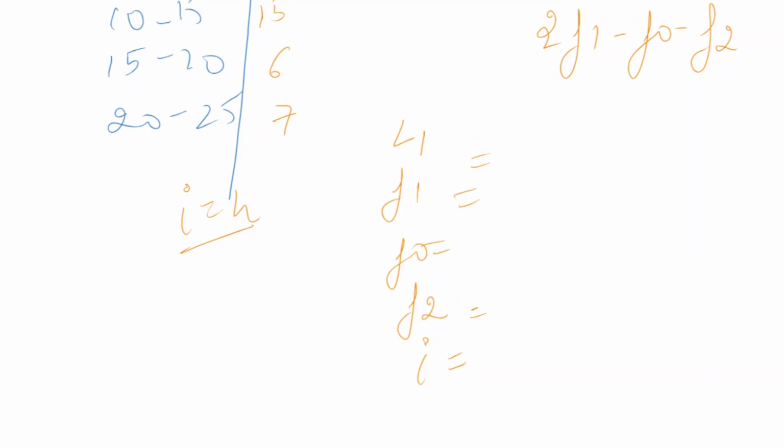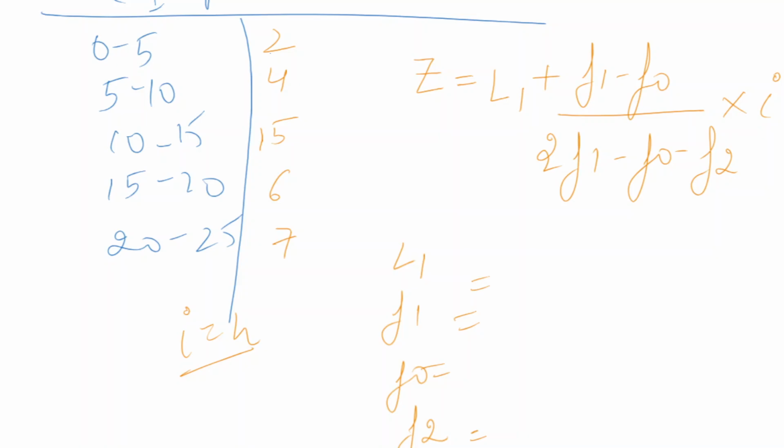Okay, let's find out in a question. How do we find L1? By observing, we can see that 15 is the number occurring the maximum number of times. So L1 is the lower limit of the class interval which has the maximum frequency. So L1 is your 10 value.